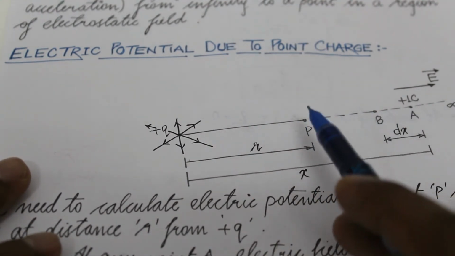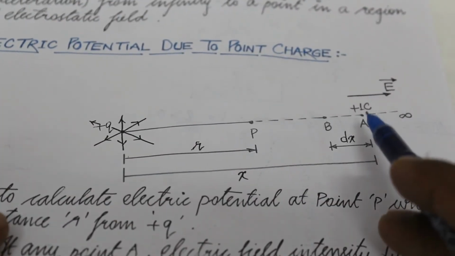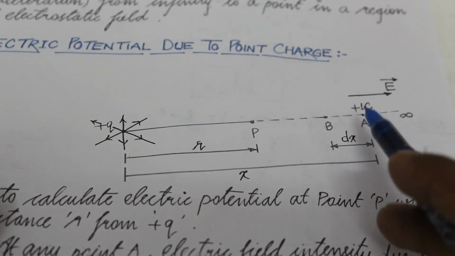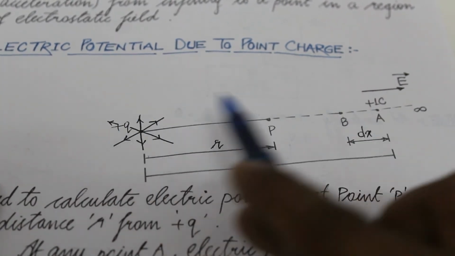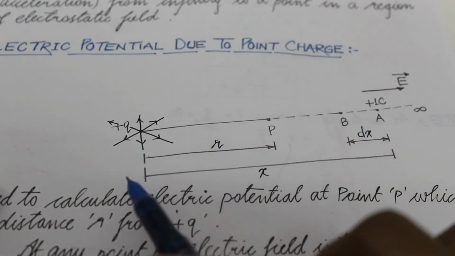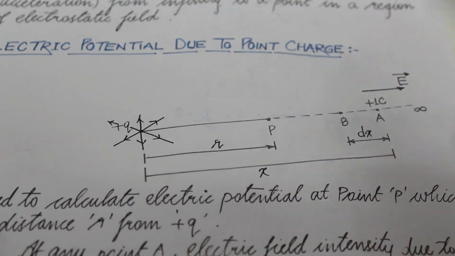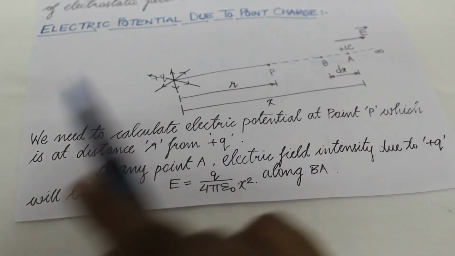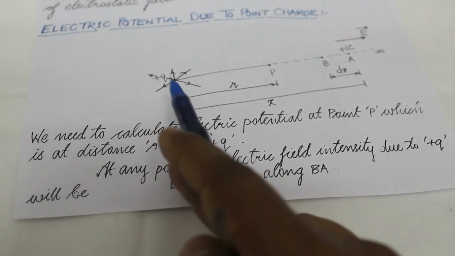I need to find the electrostatic potential at point P. Let us assume a unit charge is kept at point B, and we need to bring it from A to B. The distance between A and B is dx, and the distance of point P at which we have to find the electric potential is R. The distance of point A from the charge plus Q is X. So we need to calculate the electric potential at point P, which is at a distance R from plus Q.